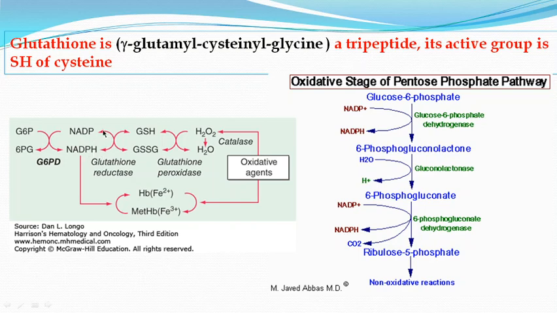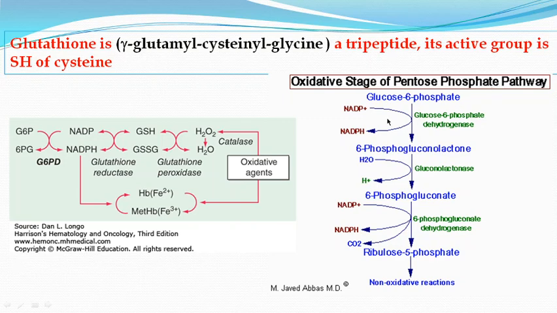Again, NADP should be reduced back to help the glutathione reductase. This is carried out by the glucose 6-phosphate dehydrogenase enzyme, which converts NADP into NADPH in the two steps of the oxidative stage of the PPP, the pentose phosphate pathway.